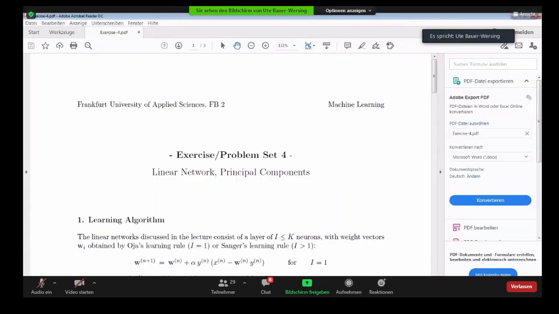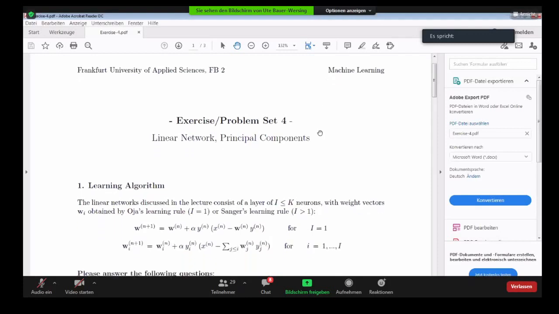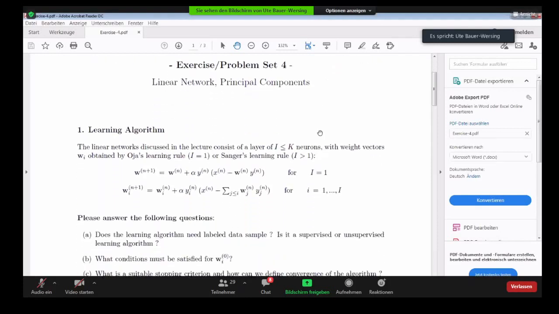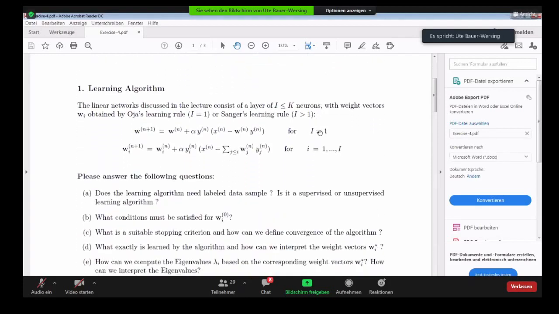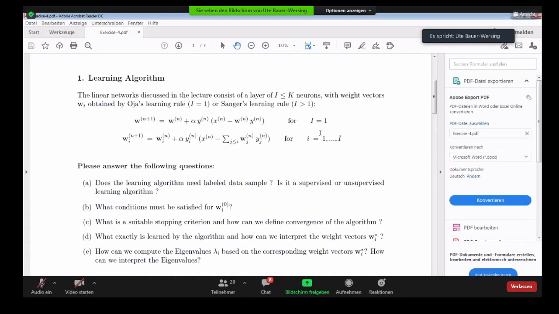Okay, problem set number 4. Last time we were able to go through the questions of task 1.